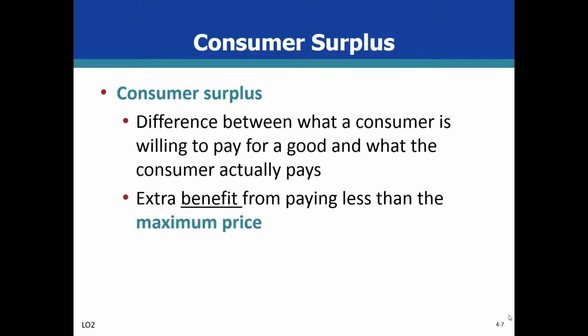If you pay less than the maximum you're willing to pay, you have money left over to get other stuff. You get a benefit. Many consumers do not pay the maximum price willing to pay. They only pay the actual or market equilibrium price.